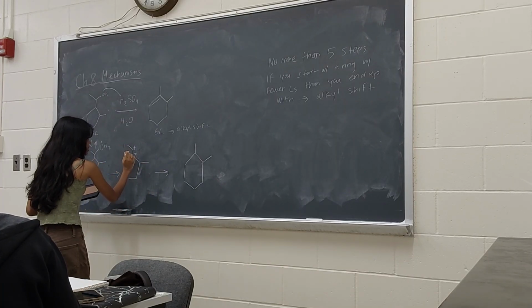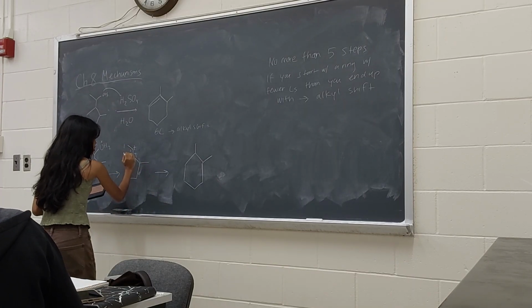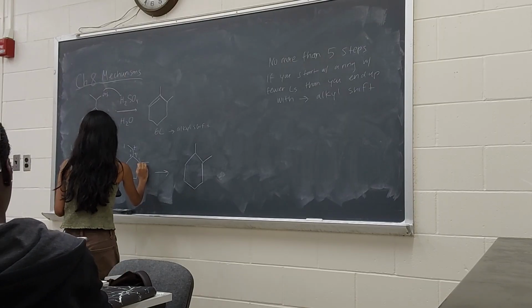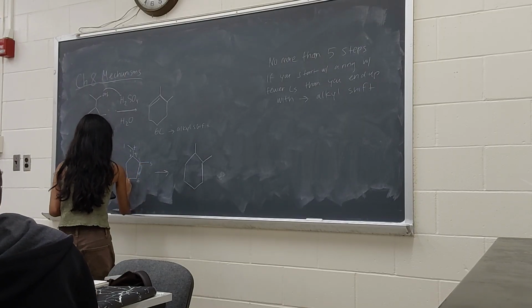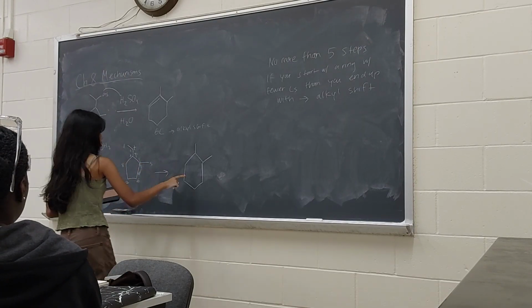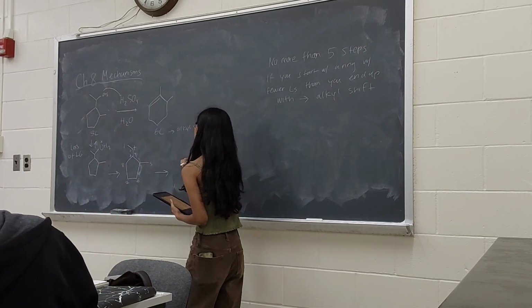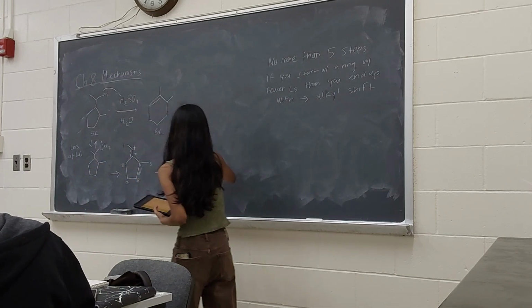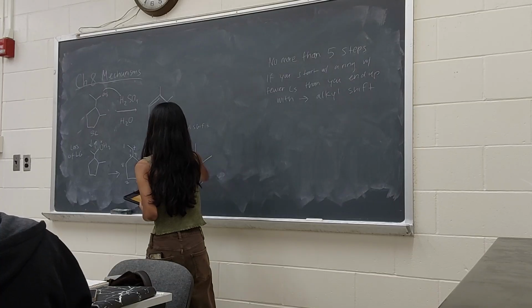So I like numbering it, so 1, 2, 3, 4, and it doesn't matter what the numbers are, as long as you keep it consistent in this one. So 2 is now here.